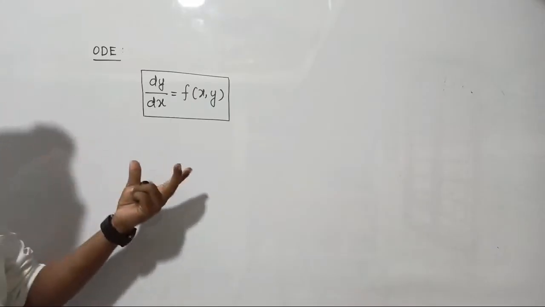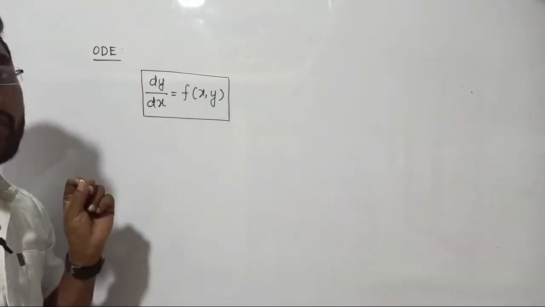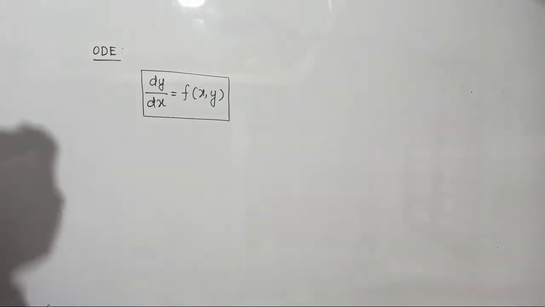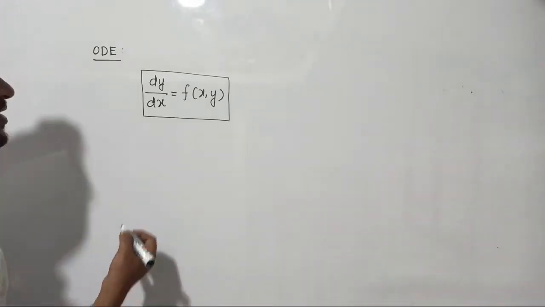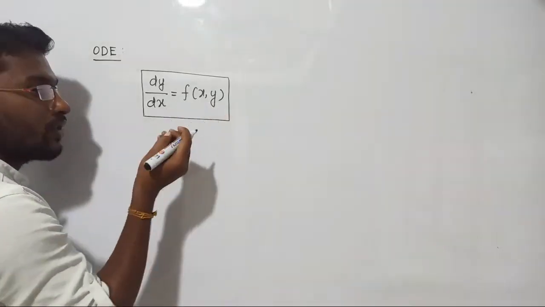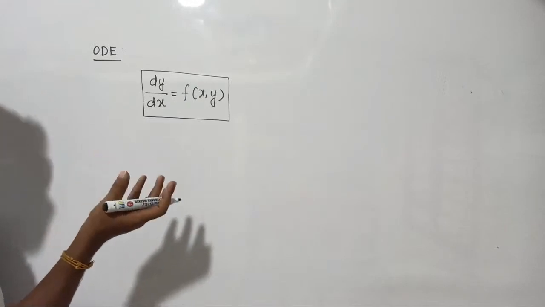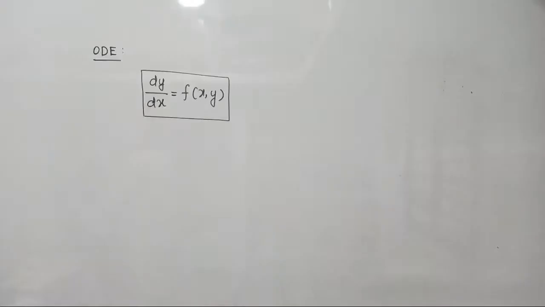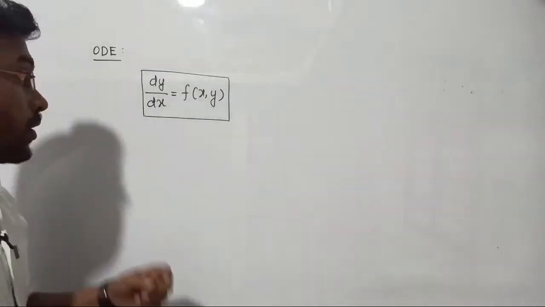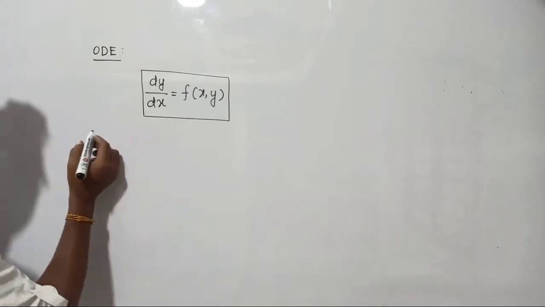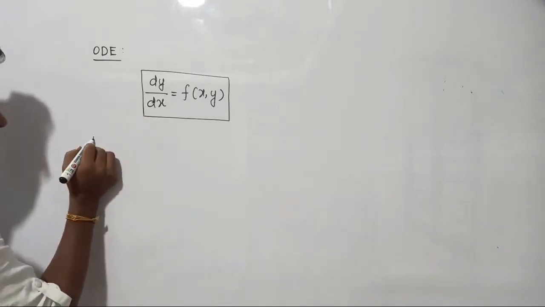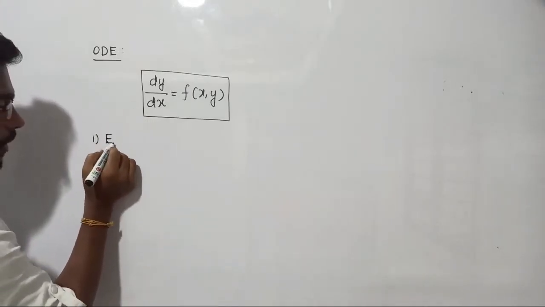If I have complicated equations, they can be solved with the help of numerical methods, and that is what we are going to do now. First we can solve this type of differential equation by using the Euler method.